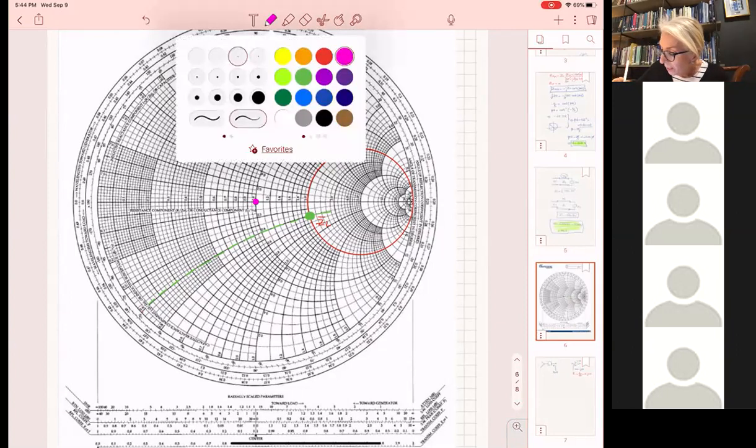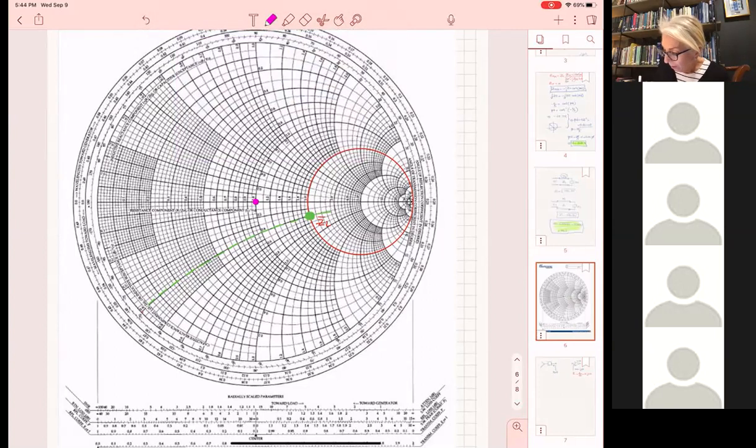So let me create the equal VSWR circle that goes through ZL. And that is going to be this one. Okay, and then I have to center it somehow. Okay. This is the constant VSWR circle that goes through ZL.